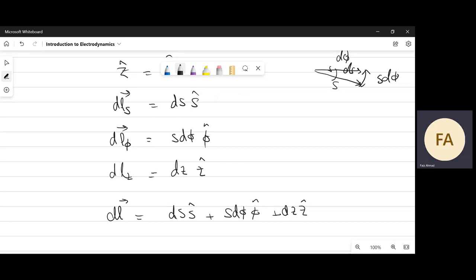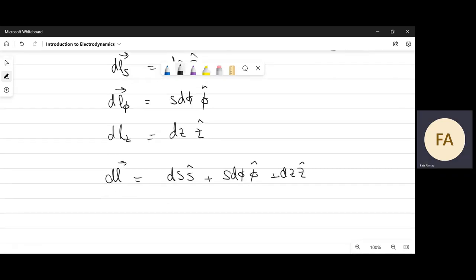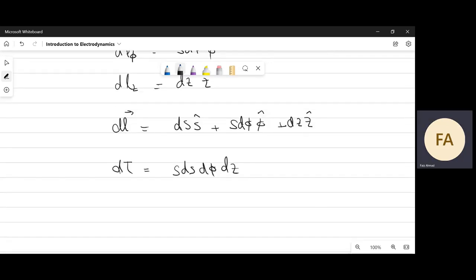The volume is obtained by multiplying all the length elements, so d tau will become s ds d phi dz. For area, we have to keep the reference of where we are taking the area.